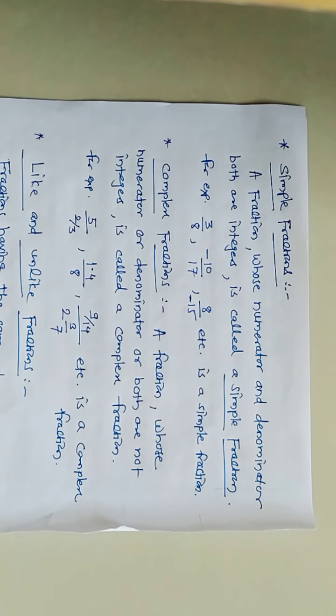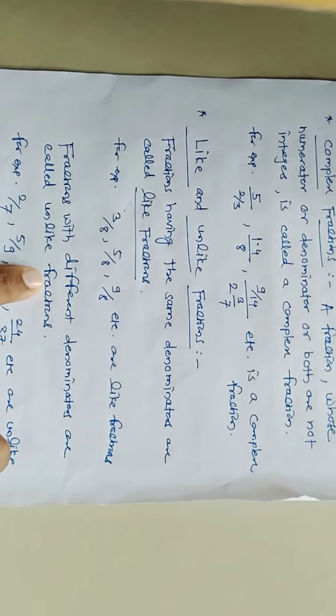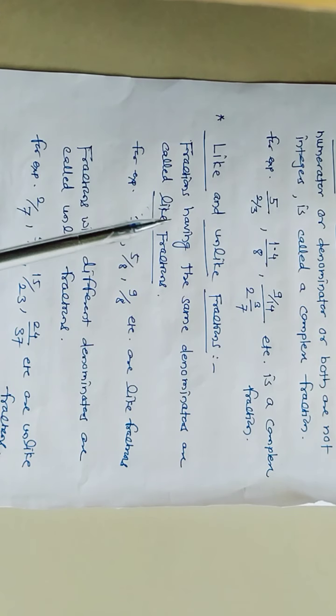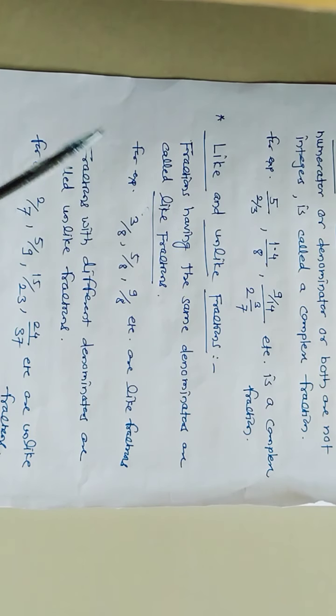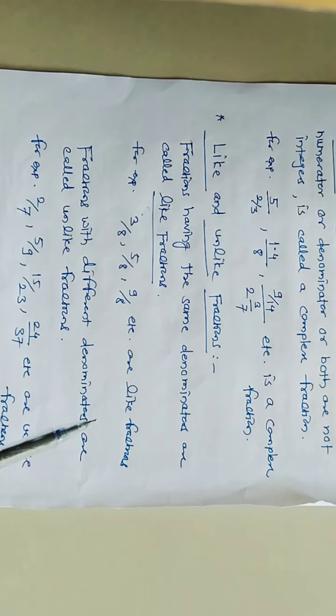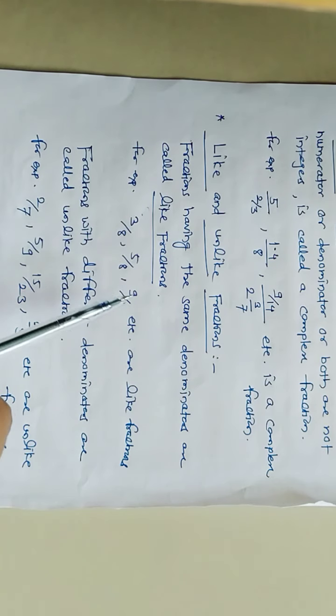Now we'll see the next, like and unlike fractions. Fractions having the same denominators are called like fractions, and fractions with different denominators are called unlike fractions. You can see the example here, 3/8, 5/8, 9/8.